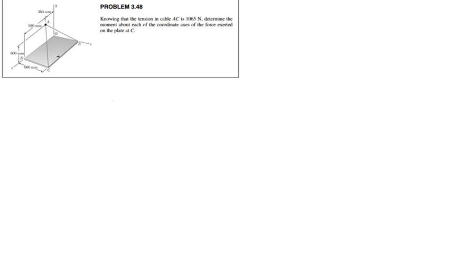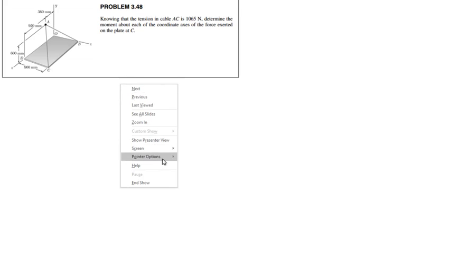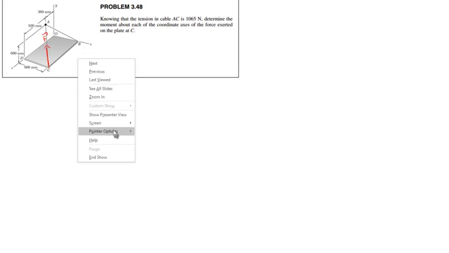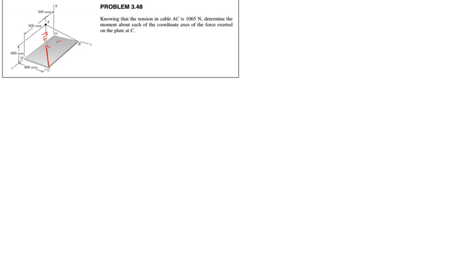Well, we're going to have a force vector acting along line CA. This is the force vector. Then I'm going to find the moment about the x-axis, the y-axis, and the z-axis.